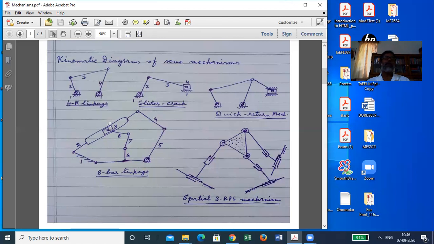Now that link 3 is binary because it has one pair with 2 and another with 8, and then continues binaries 8, then 7, and then 6 is again a ternary because it is connected with 1, with 5, and here with 7. Okay. And again, these two are binaries.